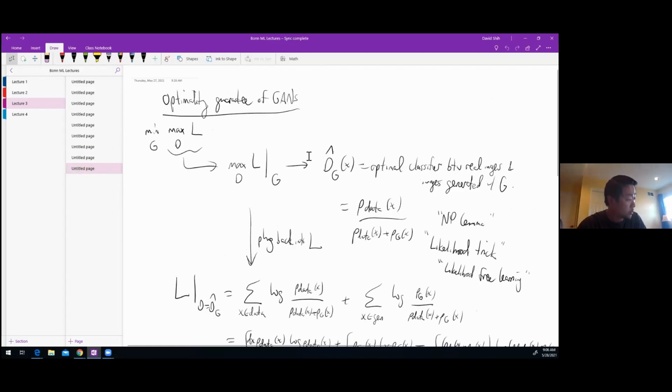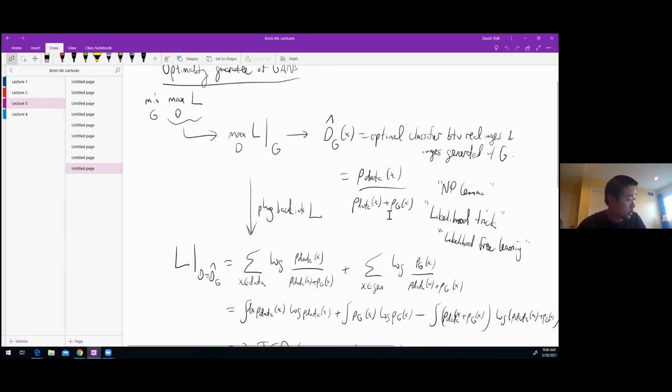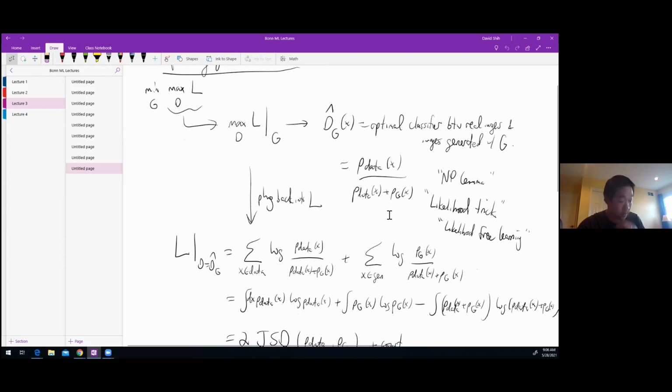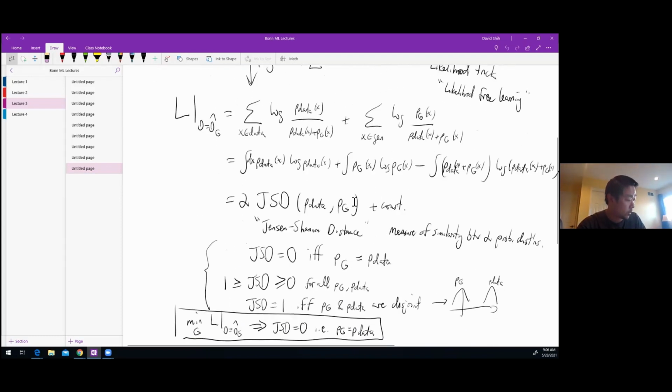Okay, and the last thing we talked about yesterday was the optimality guarantee of GANs. If things are working theoretically, GANs can in principle achieve their objective, which is to generate fake images or fake data drawn from the same distribution as the real data, right? So we went through this proof.